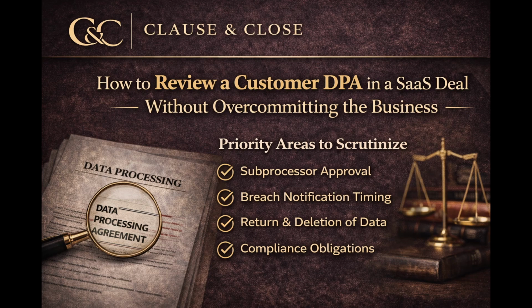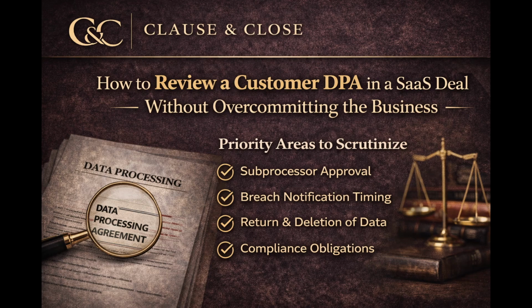So, if I had to summarize the correct approach, it would be this. A customer DPA should be reviewed as an operational risk document, not just as a privacy appendix. You verify the real data model first, then you focus on the clauses most likely to create hidden delivery obligations or legal exposure.